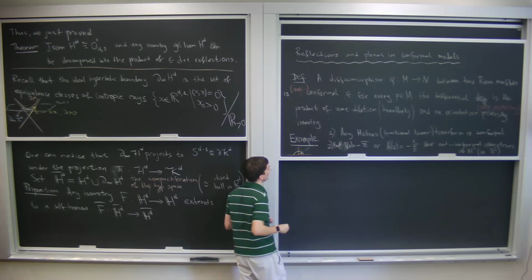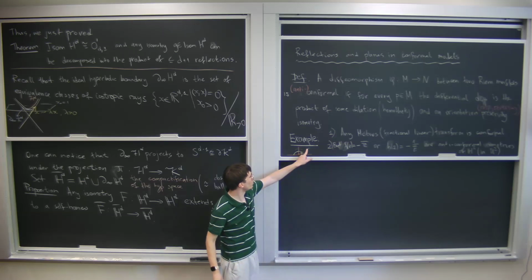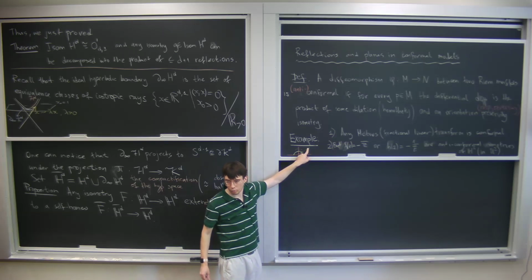If this is z, then this is going to be z over the norm squared.